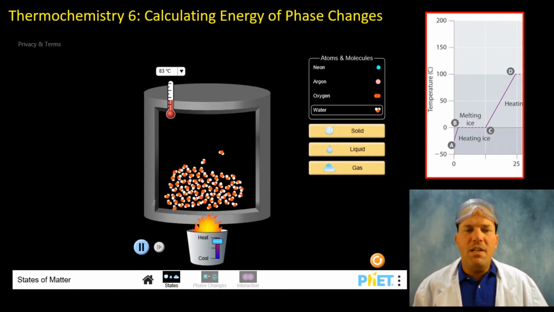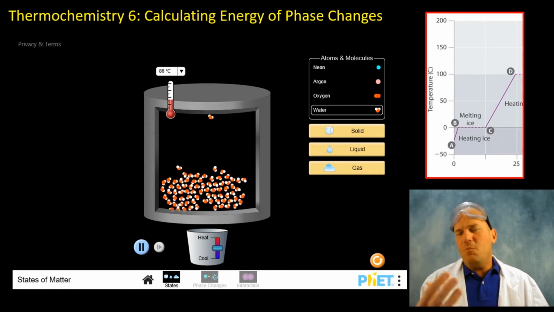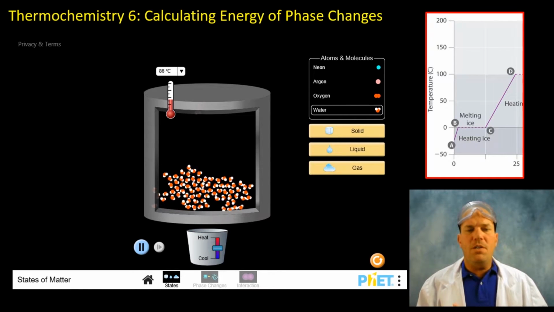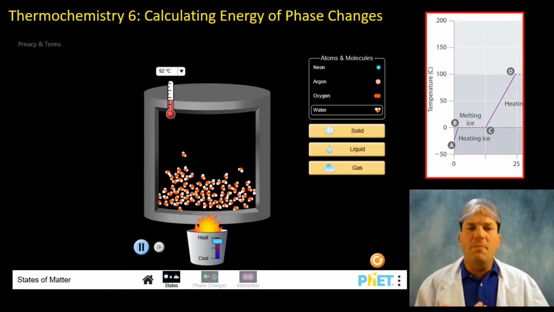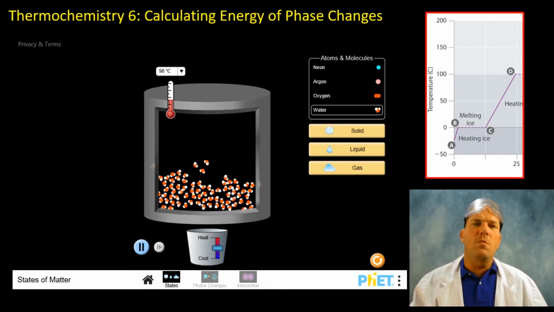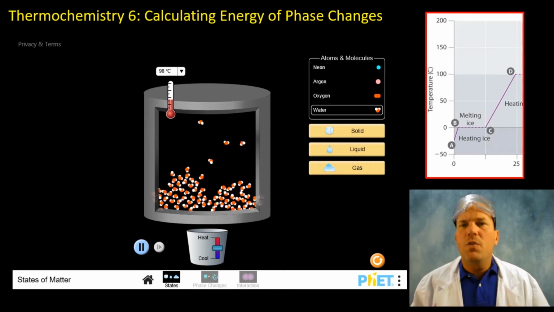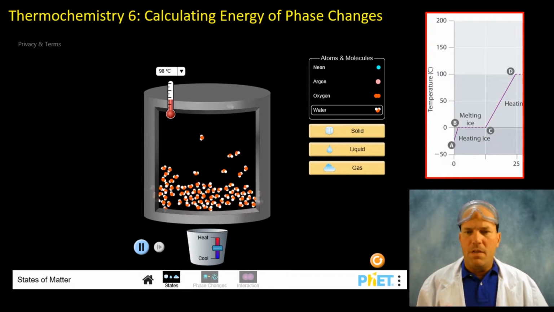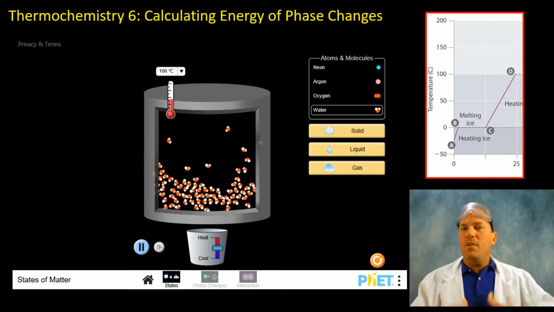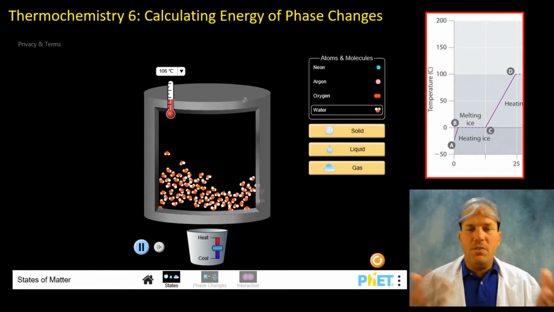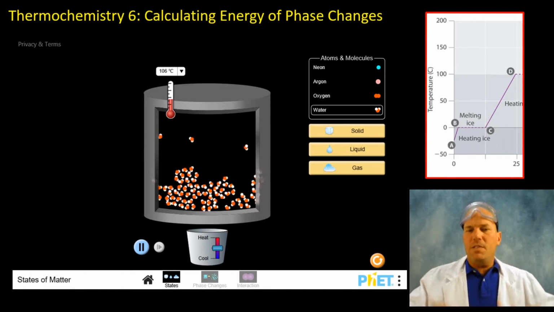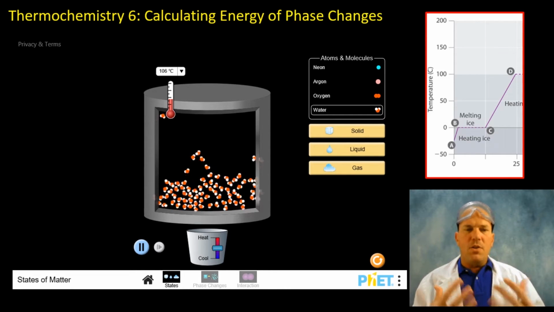Now we're beginning to approach 100 degrees Celsius, and what do you observe? That some of the molecules of water are beginning to completely overcome those forces. That's what we see here. And they're turning into a gas or steam during this point.